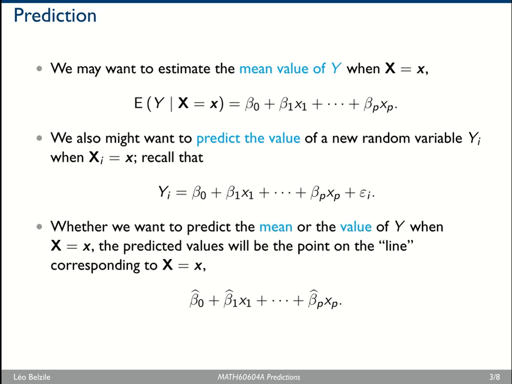In either case, because the expectation of the error term is 0, our predictions for the mean or for the value of y are simply the points on the fitted line or hyperplane at the corresponding coordinates x. In other words, you just replace the unknown betas by your estimates of the betas. So y hat is beta naught hat plus beta 1 hat x1 up to plus beta p hat xp.